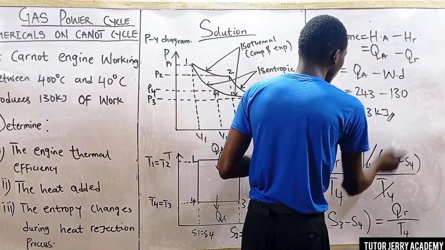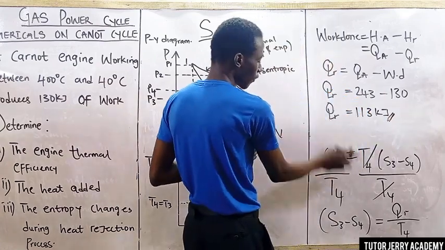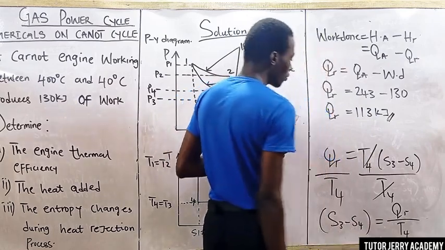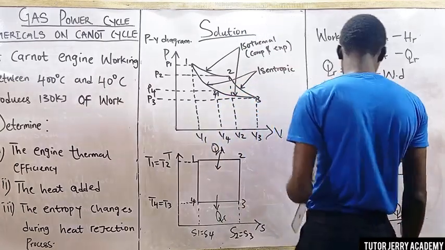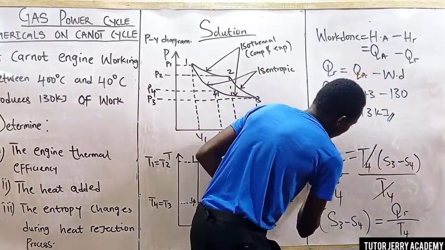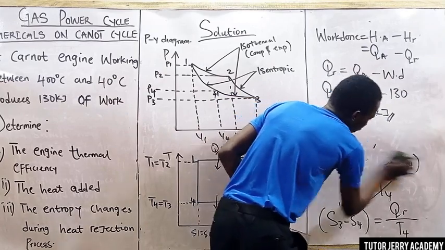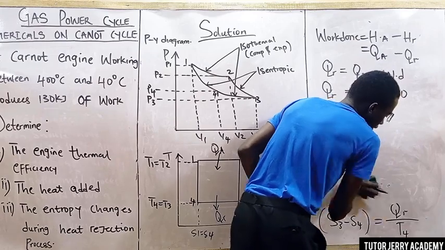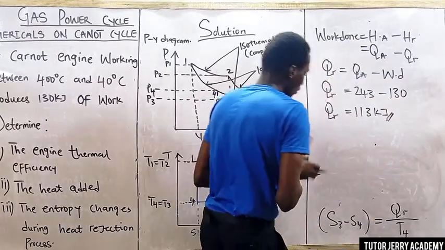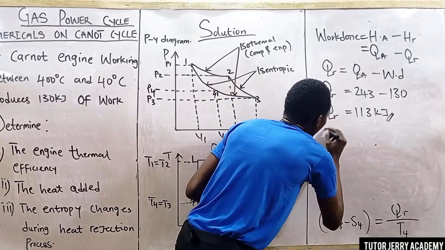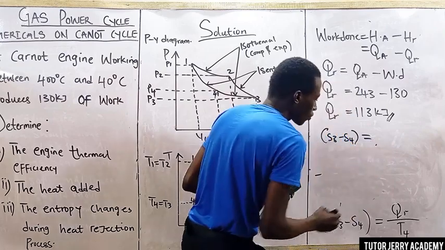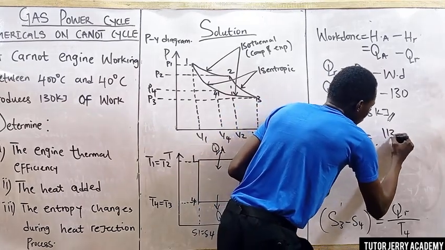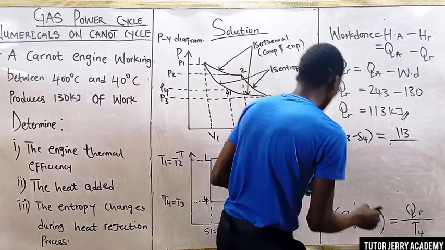So what do we do next? We are just going to be substituting our value here and we have the change in entropy during the heat rejection process. So S3 minus S4 is equal to 113 all over T4.